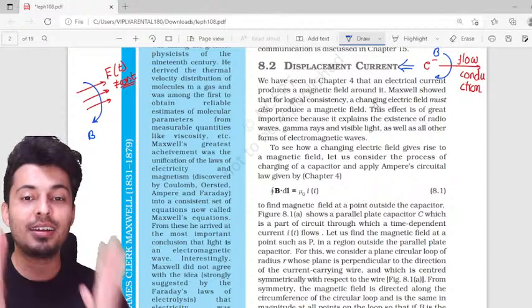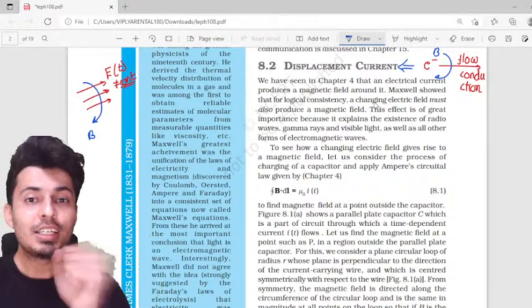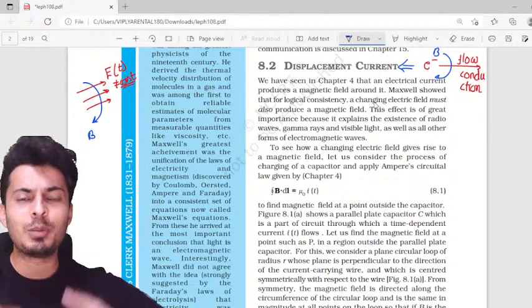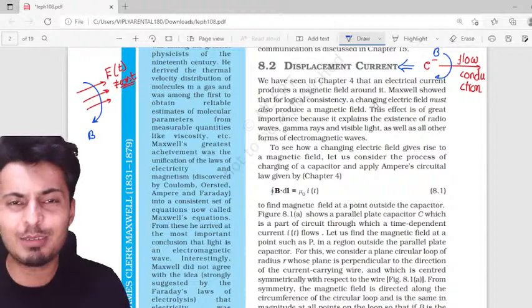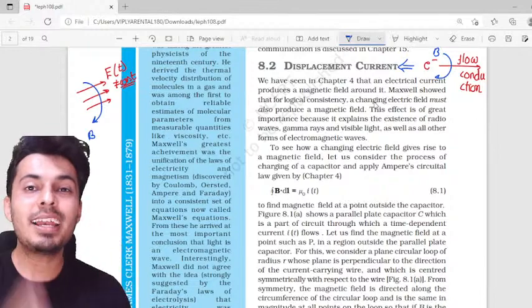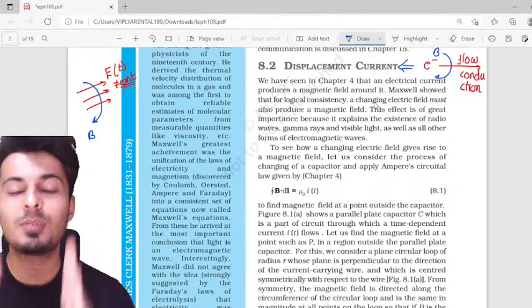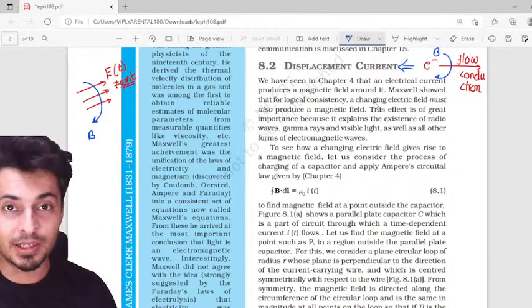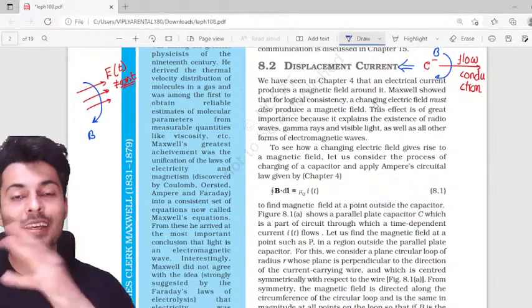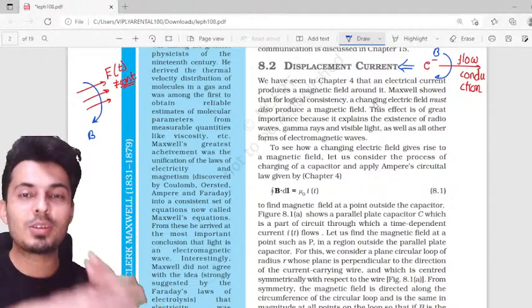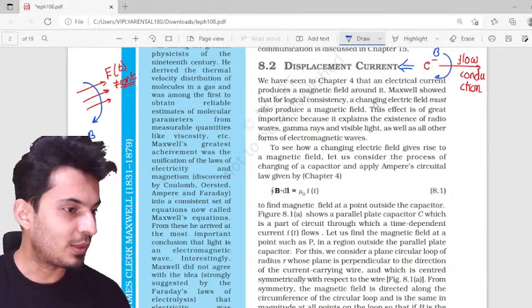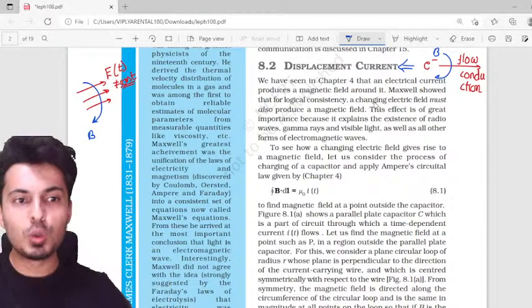Maxwell and other scientists found out that whenever charges oscillate, move around, then electric field changes, and the moment electric field changes, it creates magnetic field, and then you have electric field and magnetic field, and that's nothing but your electromagnetic wave. That's why this part is there at the start of the chapter, to give you an idea that, hey, listen, electric fields can create magnetic fields, and magnetic fields also create electric fields. I hope this is clear. Everybody cool till this point?